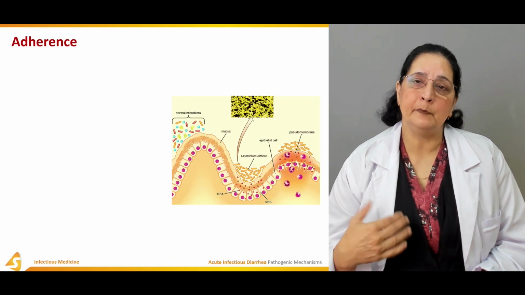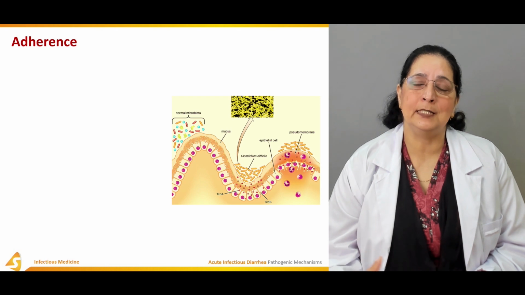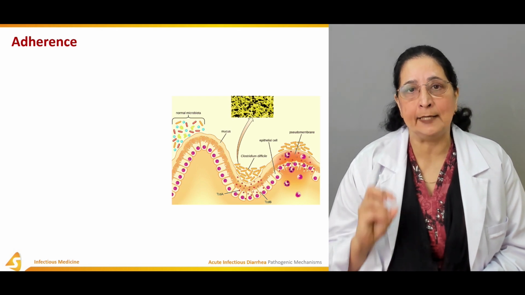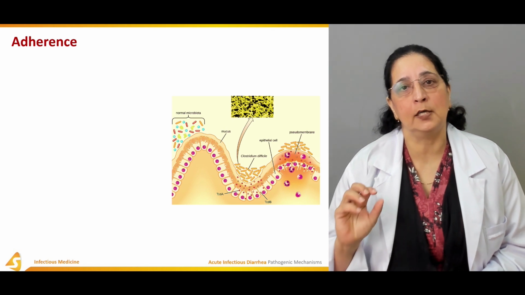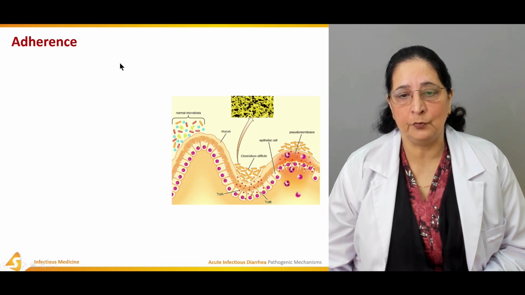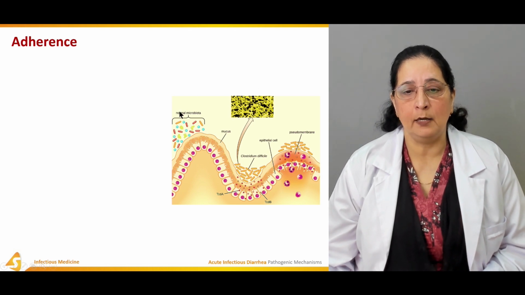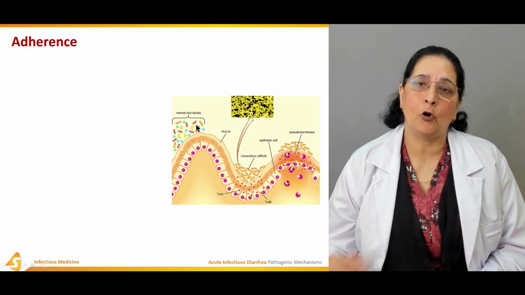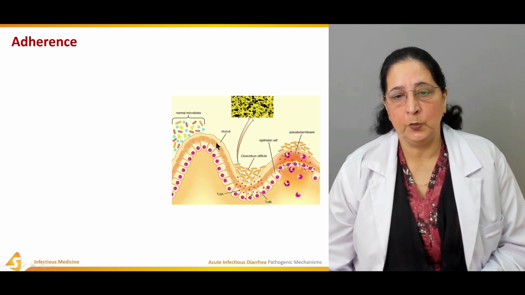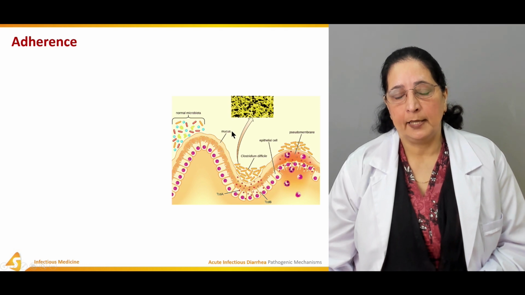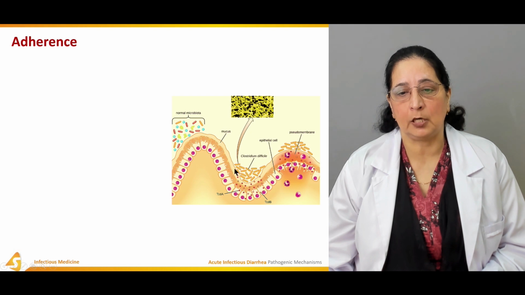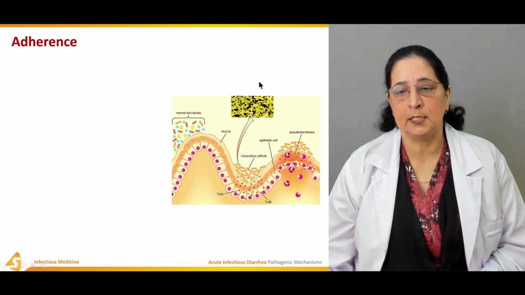Now, what is the pathogenic mechanism associated with adherence of microorganisms to the intestinal wall? Here, if you see, this is the normal microbiota, the normal flora of the intestine. This is the mucus present. Then we have Clostridium difficile, which is the pathogenic microorganism.